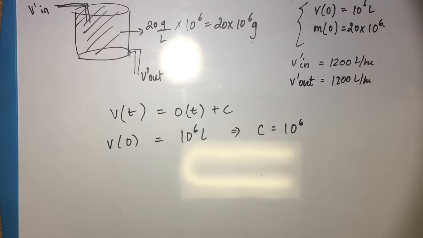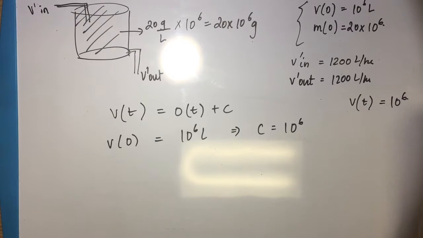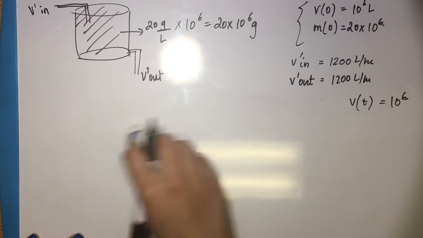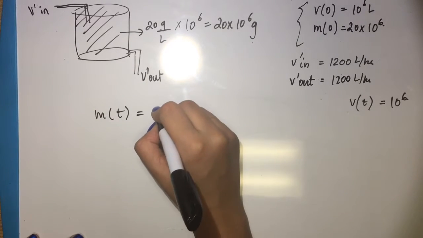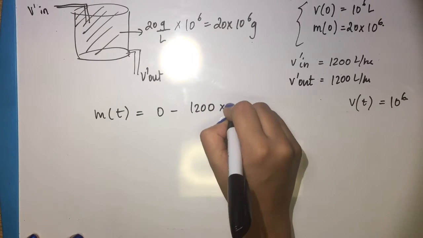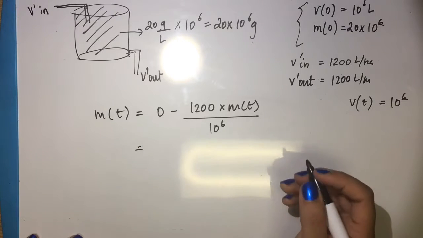And so we know that the volume of the tank is not changing with respect to time. It remains the same. And now we can plug that back into our equation for M'(t), which says 0 minus 1,200 times M(t) over 10^6.